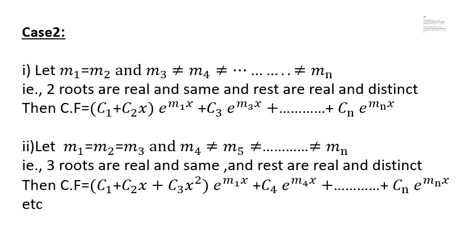So in this case, the complementary function rule is write CF is equal to, inside the bracket, C1 plus C2x plus C3x square plus C4x cube, outside the bracket e to the power m1x plus C5 e to the power m5x plus C6 e to the power m6x plus ... plus Cn e to the power mnx, where all these C1, C2, etc., Cn are arbitrary constants.